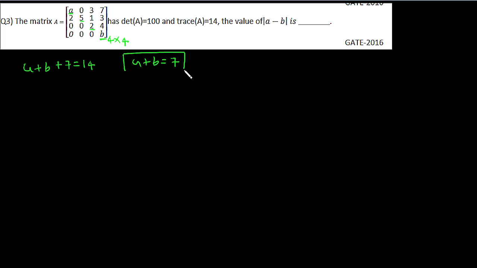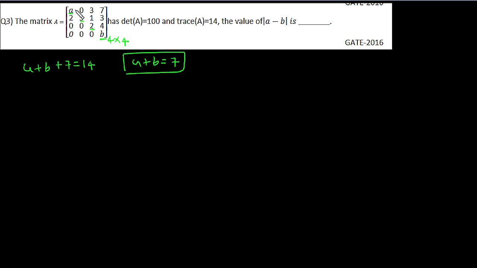Okay, now the other condition given is that the determinant of this matrix is 100, but here the matrix A is 4 cross 4. So we first have to decompose it into minors of 3 cross 3, and then find the determinant of those 3 cross 3 matrices.